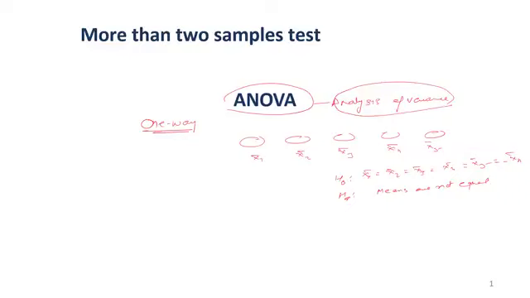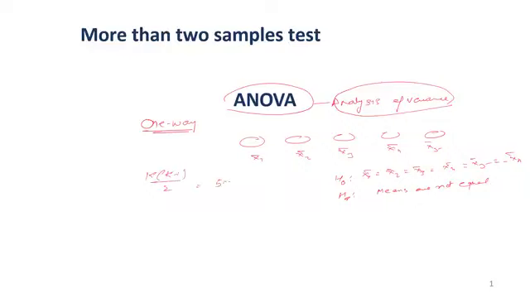So it is the first step to understand whether all the different samples are similar or not. If you had to do it with two sample tests, just imagine how many possible pairs you would have to deal with. If you have five samples, then typically we go with k times (k minus 1) divided by 2 pairs.